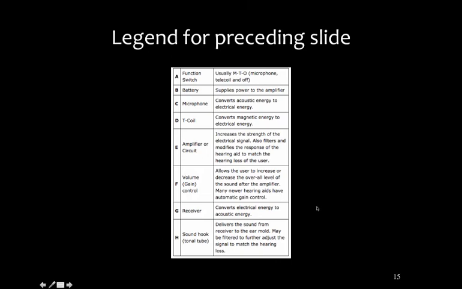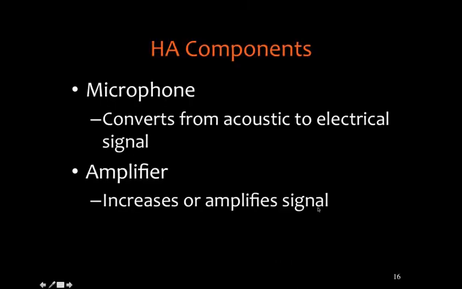So again, if we look at a basic overview of the components of basic amplification systems, and specifically of hearing aids, there are a couple of important things. The microphone, as I said, converts the energy from acoustic to electrical, and all hearing aids are going to have a microphone. The amplifier or digital processor is going to increase or amplify the signal.